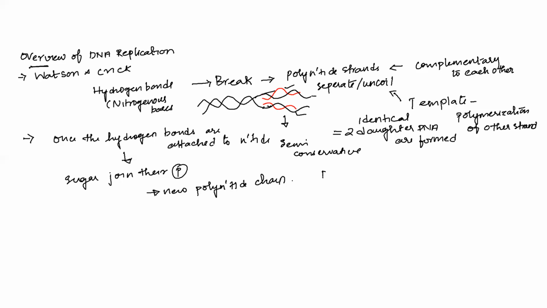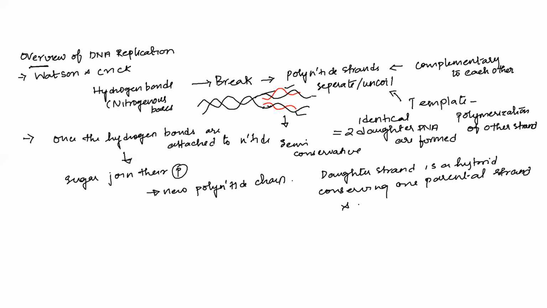As you can see, the daughter strand is a hybrid, conserving one parental strand and the other newly synthesized strand.